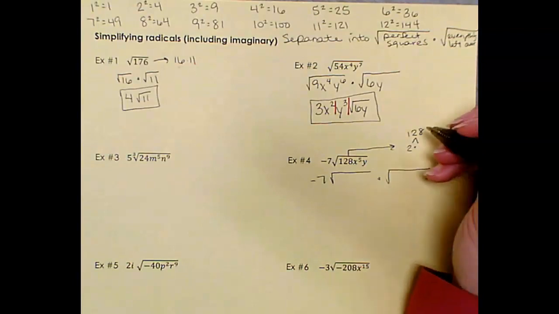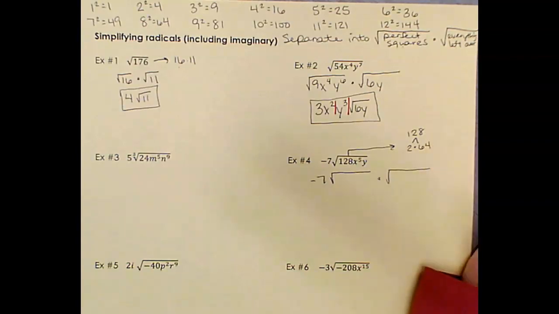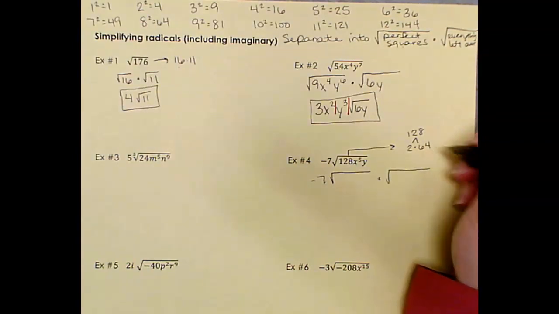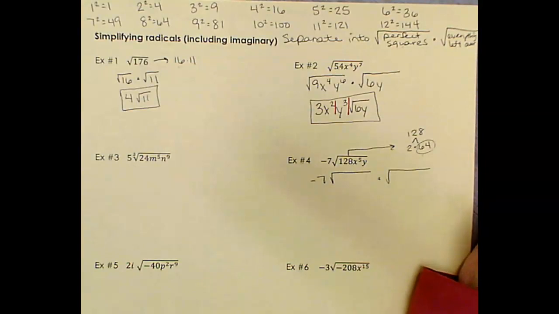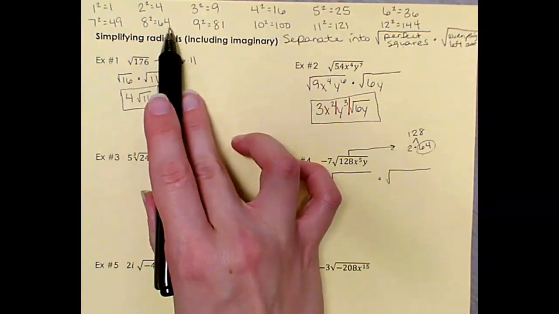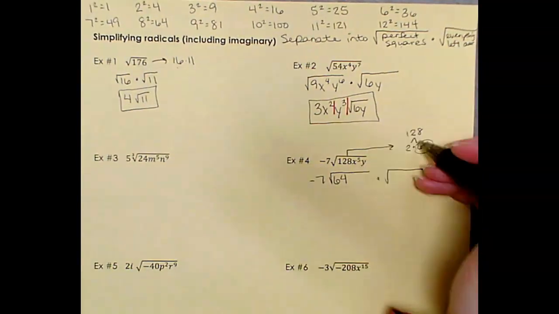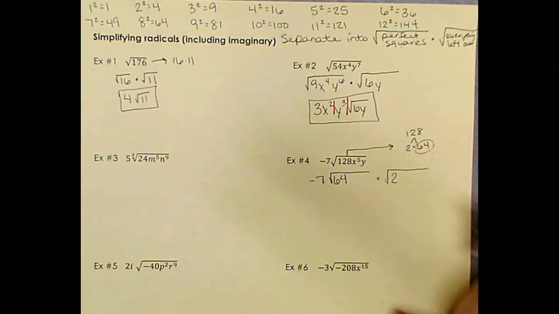If I divide it by 2, 12 divided by 2 is 6. 8 divided by 2 is 4. And I could break this up even more, but I notice that 64 is a perfect square. It's 8 squared. So 64 is a perfect square. That's going to go in my perfect square radical, and the leftover is going to go in that second radical with everything else.